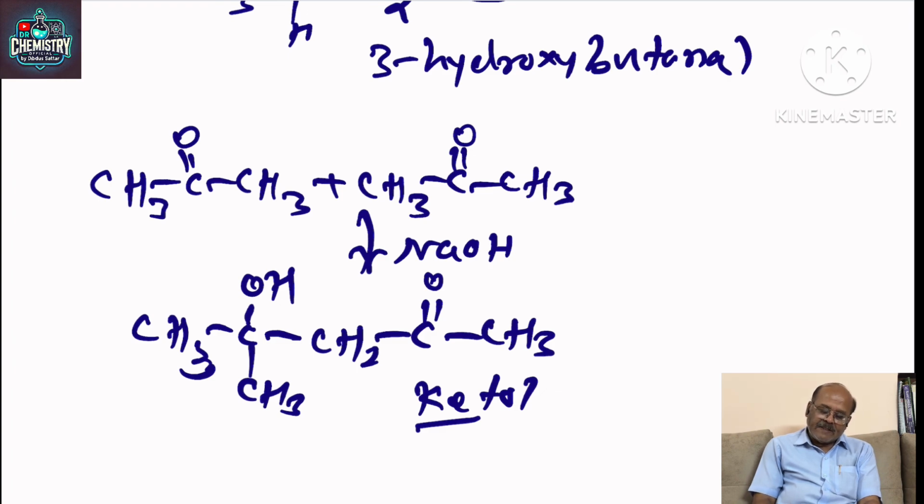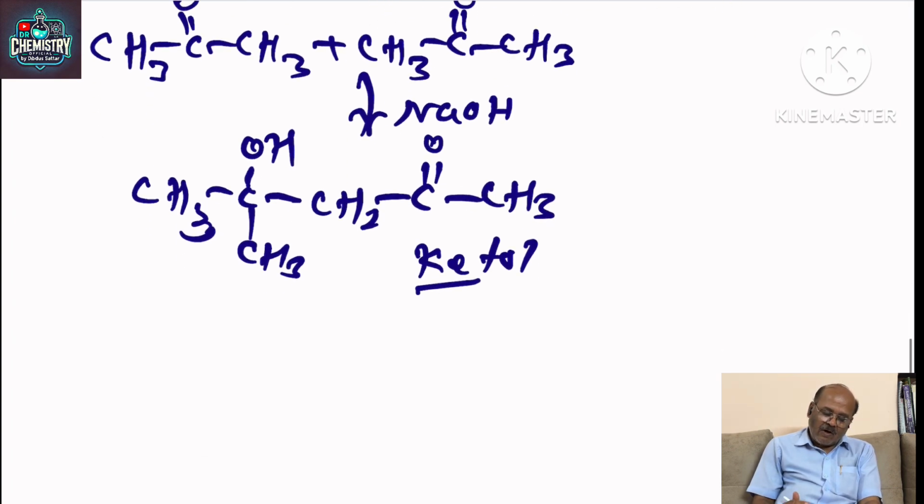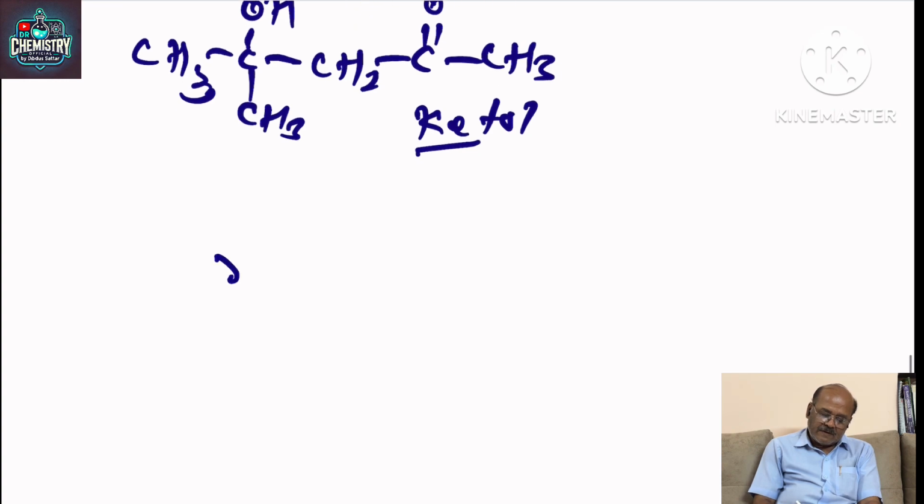I have given two examples, one of acetaldehyde and one of acetone. Sometimes we take two different carbonyl compounds, say one is acetone and one is acetaldehyde. In such a case, it will be called cross aldol condensation.